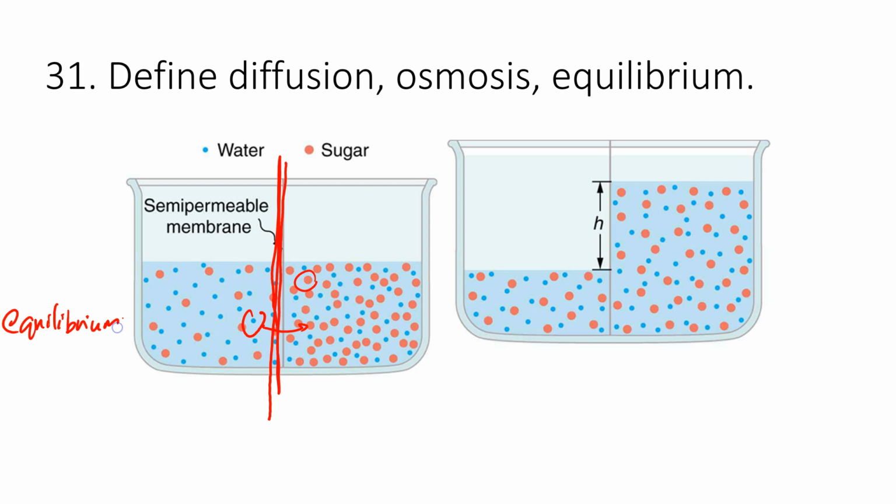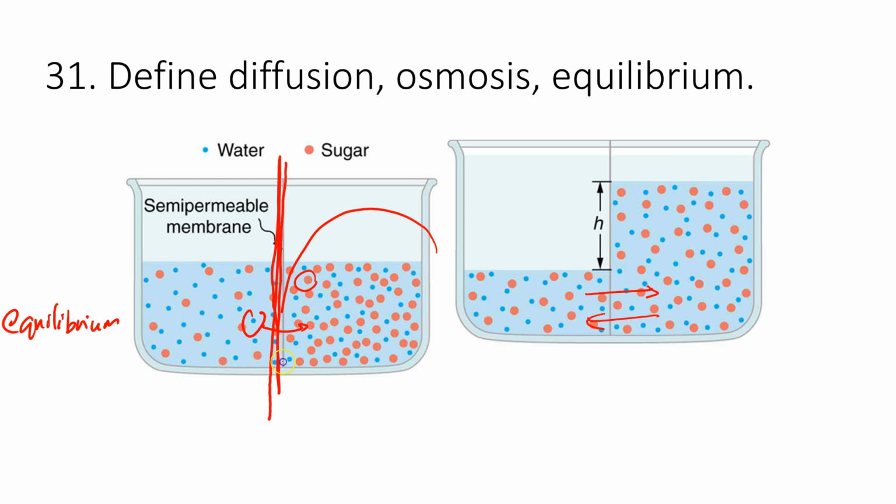Basically, it has the same concentration at both sides, equal concentration. But that does not mean that molecules stop moving. Things still move around. It's just that the rate of forward moving is the same as the rate of backward moving. So they still move across the membrane. It's just that you no longer see changes in the movement as they reach equilibrium.